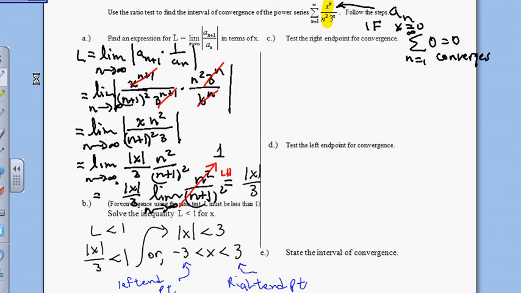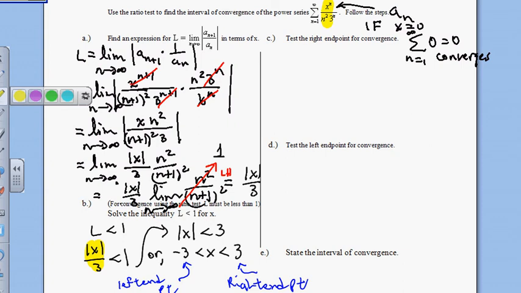Notice that if x were equal to 3 or x equals negative 3, then if you put 3 in for x, the absolute value of 3 is 3. You get 3 over 3, which equals 1. So the limit L would be 1, and we know that the ratio test is inconclusive when L equals 1. So we have to test the endpoints individually.